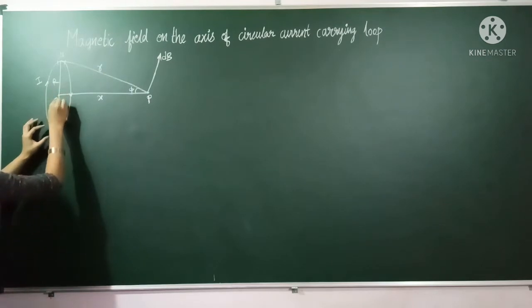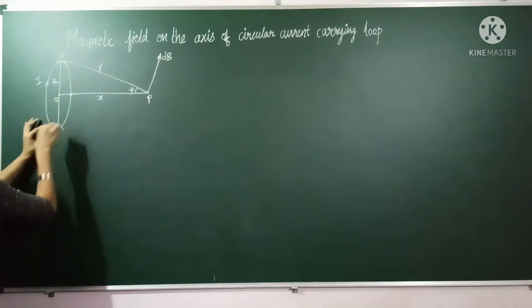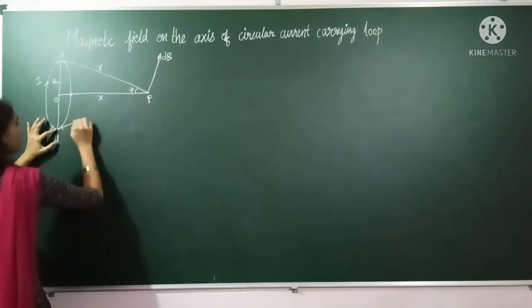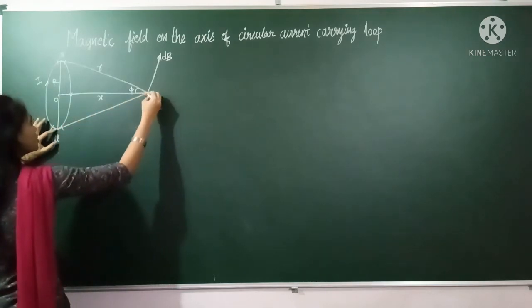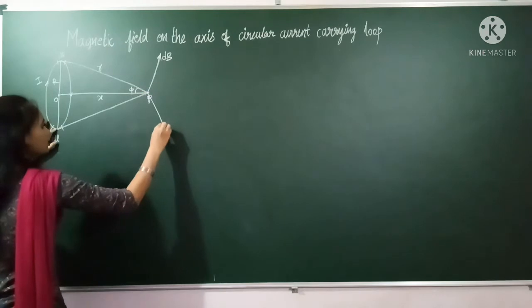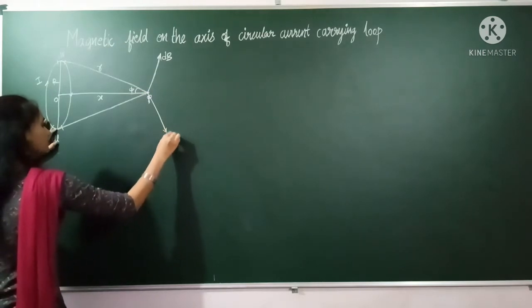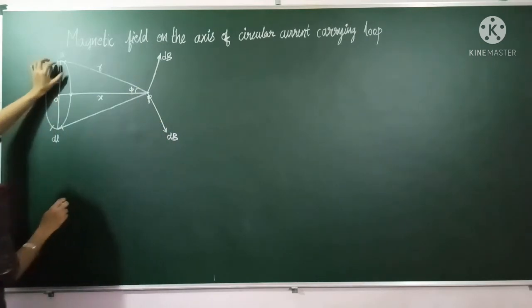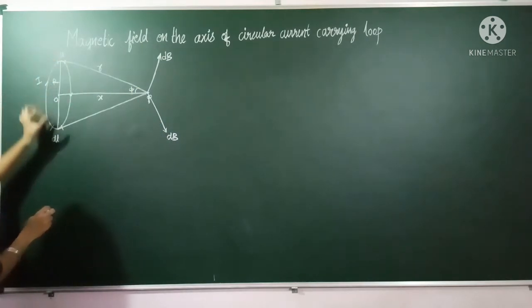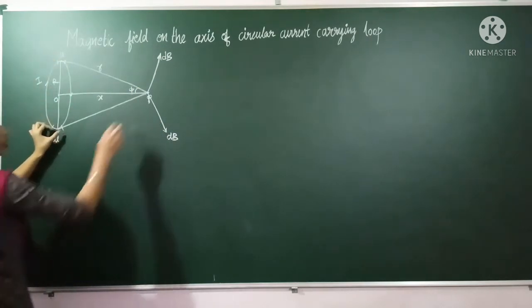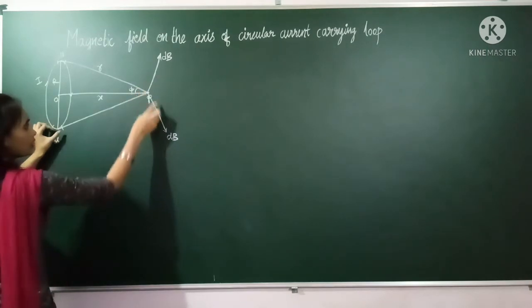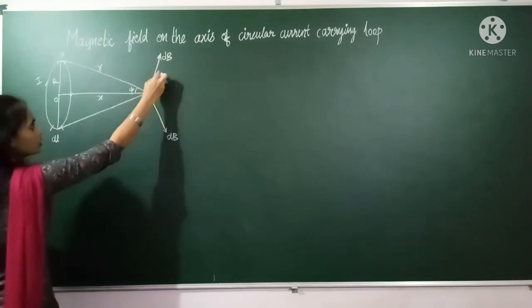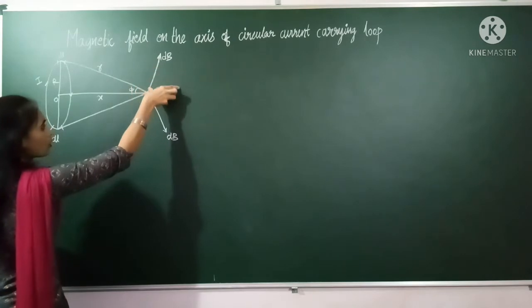Now if I take another current element diametrically opposite on this loop, the magnetic field is produced at point P in this direction. If you add these two vectors, we get the magnetic field for the first and the second current element. But we cannot add them directly because the vector is neither perpendicular nor parallel.